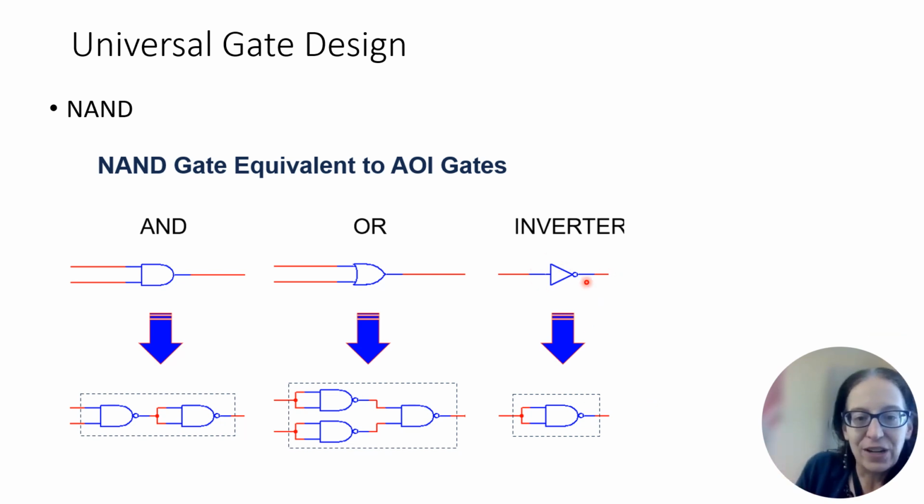To build an inverter out of a NAND gate, you would just run the same input in on both pieces of the NAND gate, and that would work. When we did this in class, we went through the truth table to show that if you AND something with itself, you get itself, and then the inverter part is right there. So that's one gate for one gate.